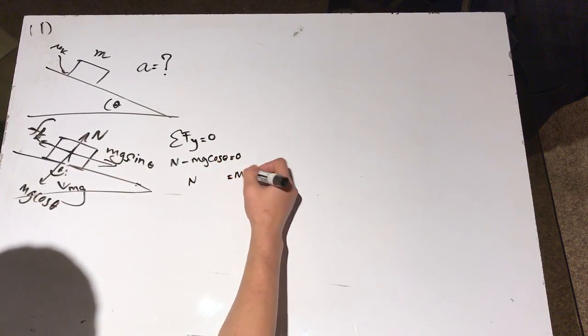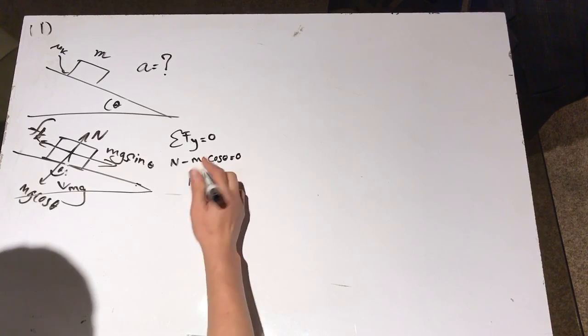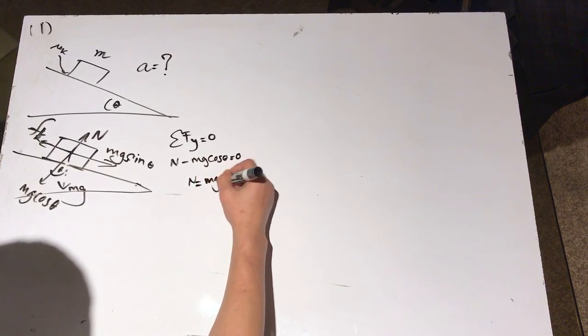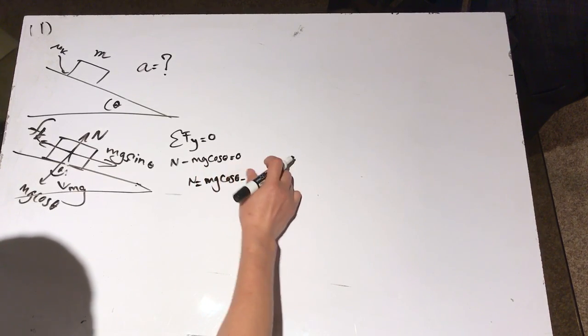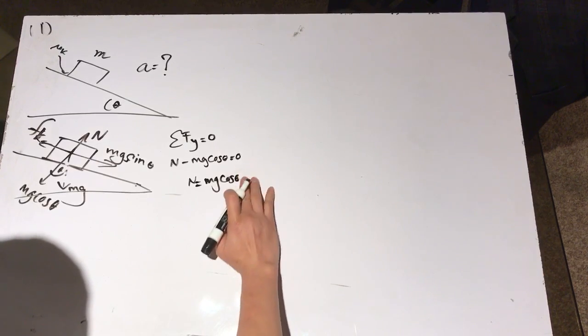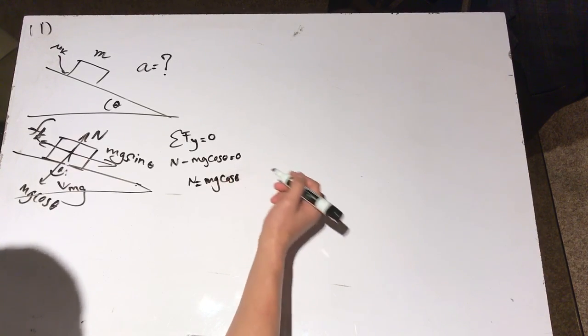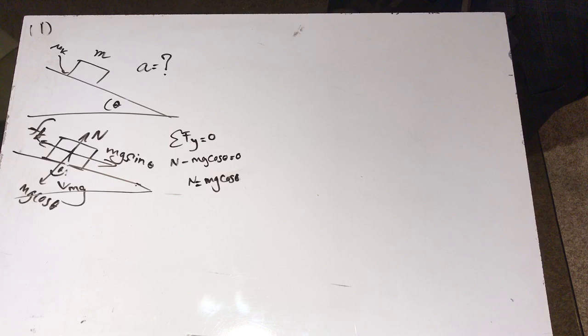So the normal force is equal to mg cosine theta. N is equal to mg cosine theta. Okay, that's what it is.